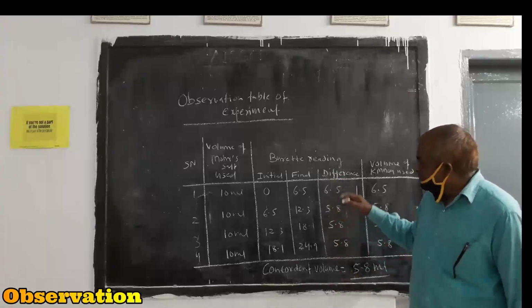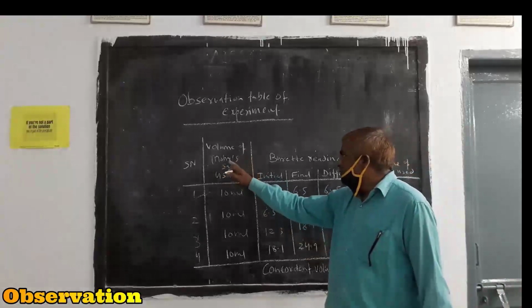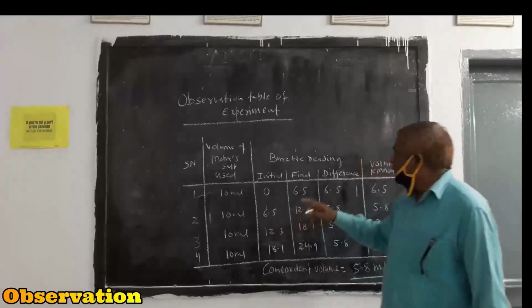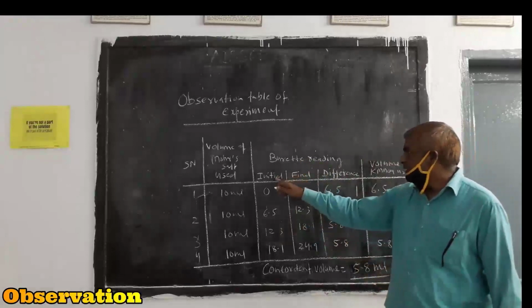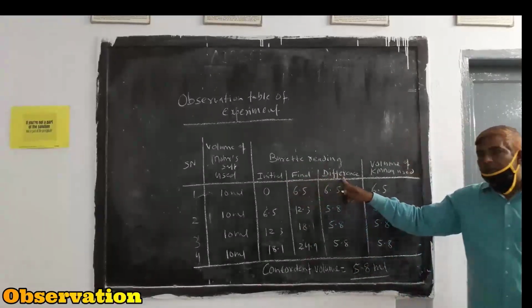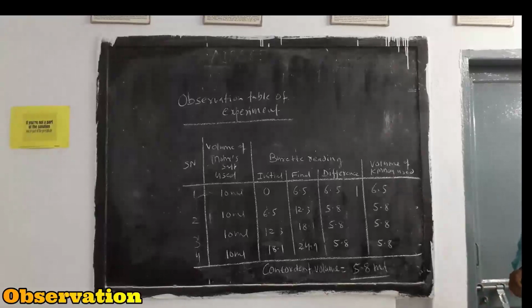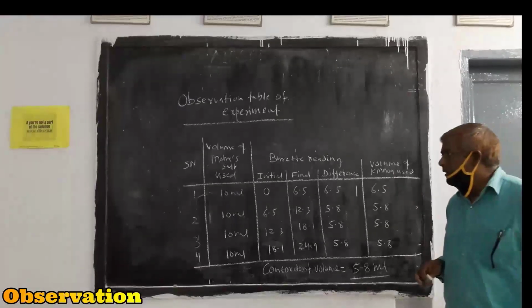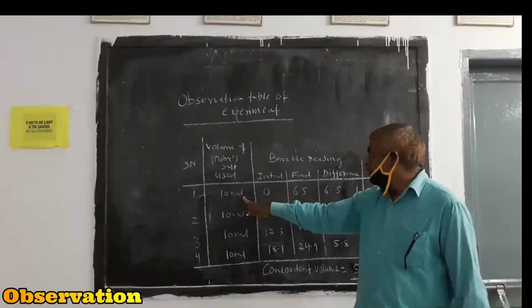First of all, make this table in the copy. It has a serial number, volume of Mohr's salt used, burette reading. In burette reading, we will use initial reading, final reading, then difference. Here is the volume of KMnO4 used. In serial number 1, we have taken 10 ml Mohr's salt solution in a conical flask.